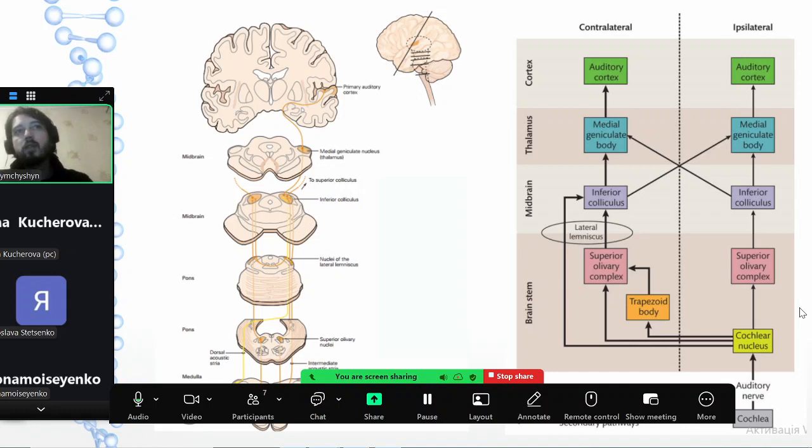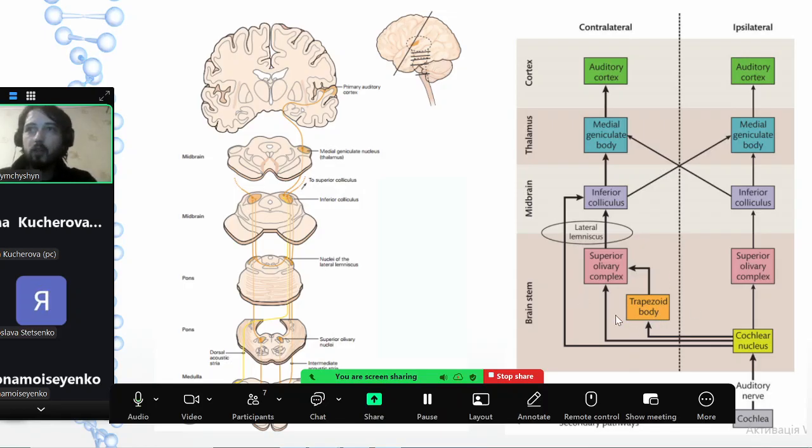Almost everything that we smell goes ipsilateral. With ears, that's something in between. I guess like 70% goes contralateral and 30% goes ipsilateral. So it's closer to 50-50. So here you see what goes contralateral, and that's considered the main pathway.